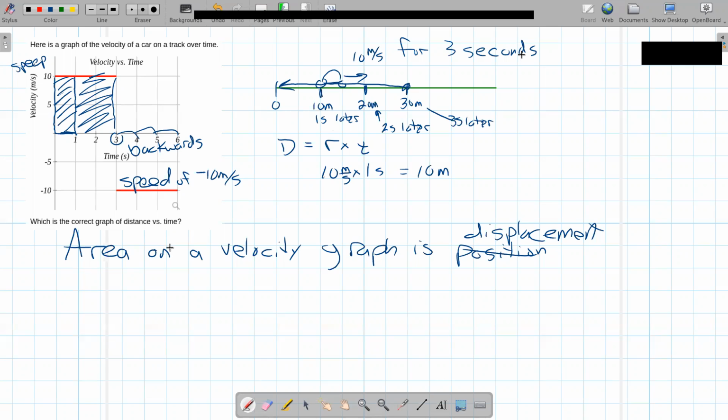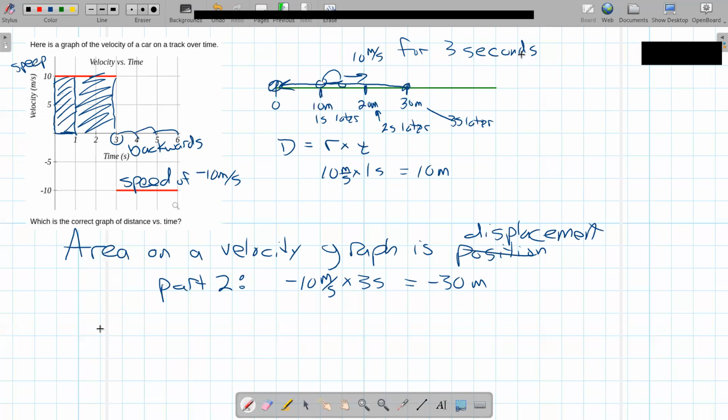So in the second part of the graph here, part 2, it moved at a rate of negative 10 meters per second for 3 seconds, which means it covered a distance of negative 30 meters. So if in the first 3 seconds it covered 30 meters, the next 3 seconds it goes 30 meters backwards and ends up back where it started there.